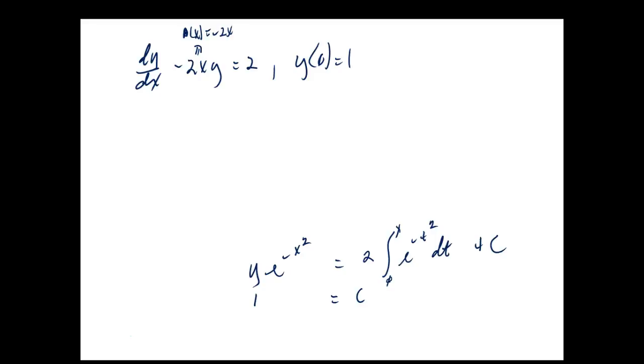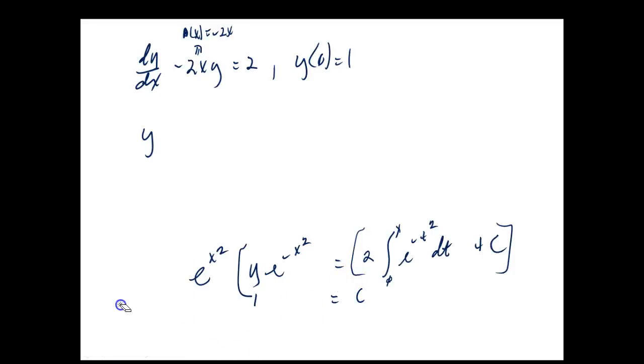So what we're going to do at this point is this will be y. I'm going to multiply both sides by e to the x squared, and this also. In fact, I should have done the whole thing.